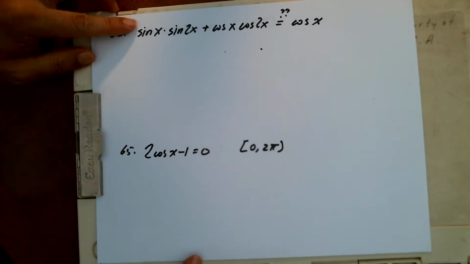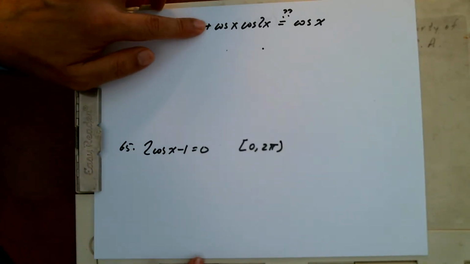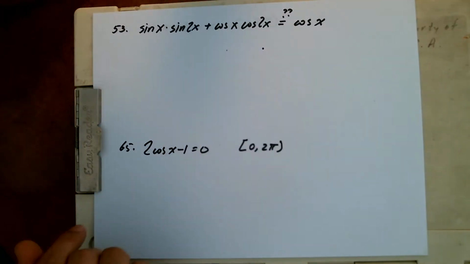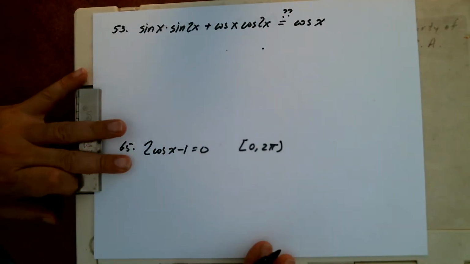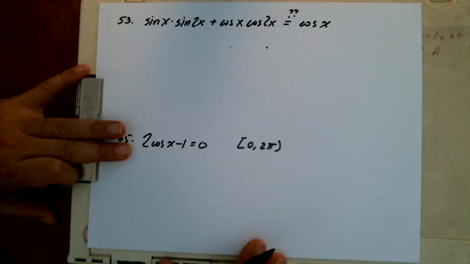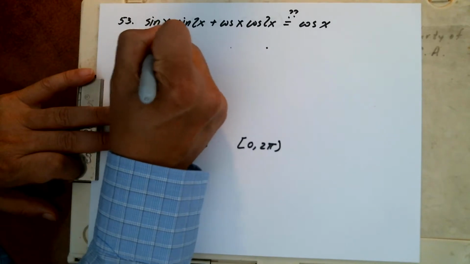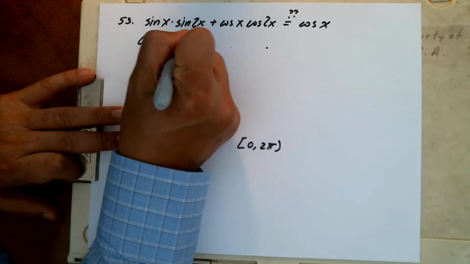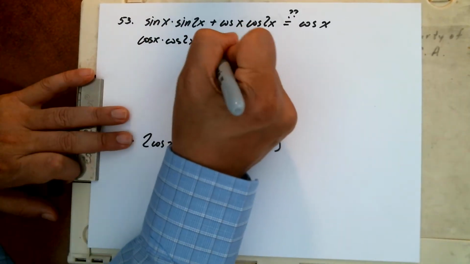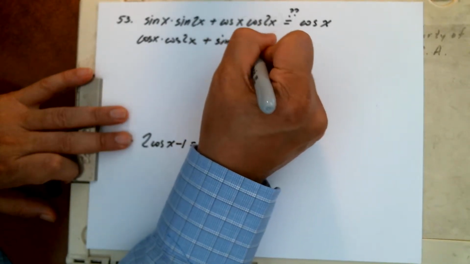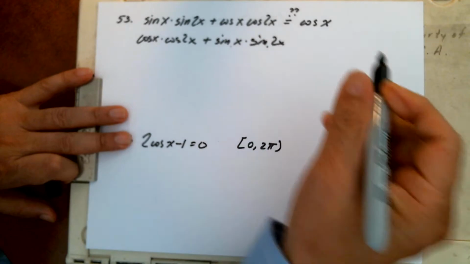Cosine of x minus 2x, does that equal cosine of x? Took me a little while, 5 seconds to figure this out. I'm going to rewrite this as cosine of x times cosine of 2x plus sine of x times sine of 2x.